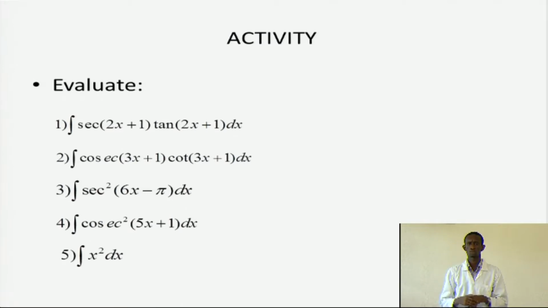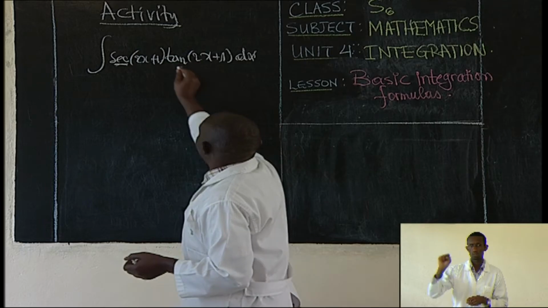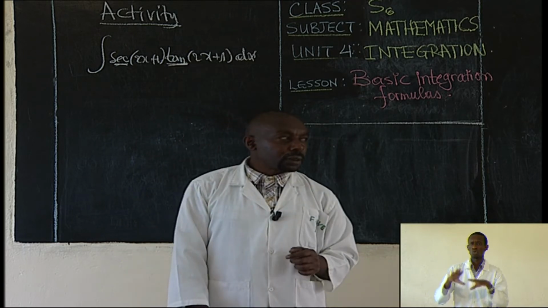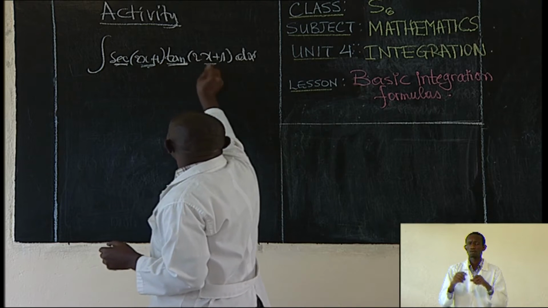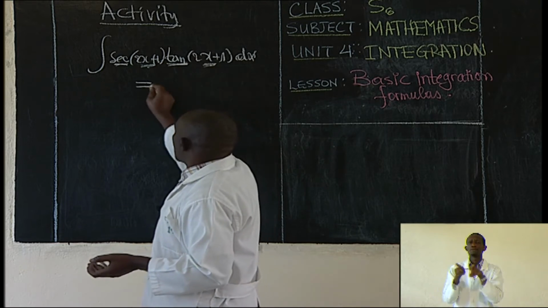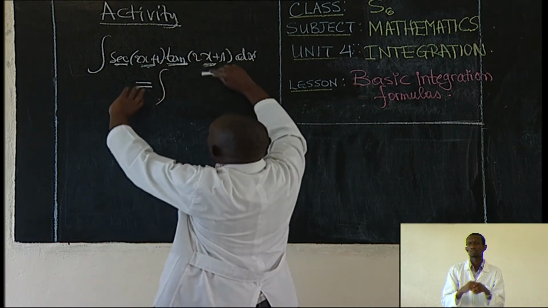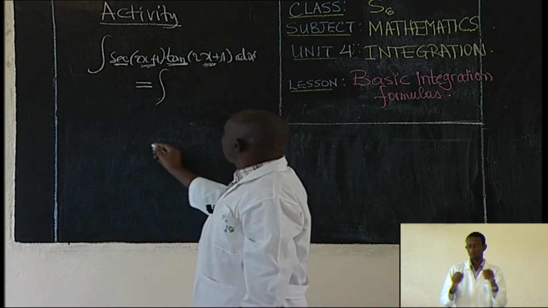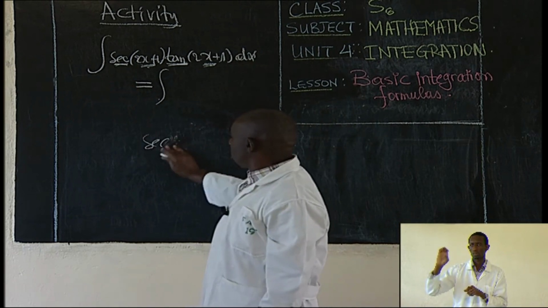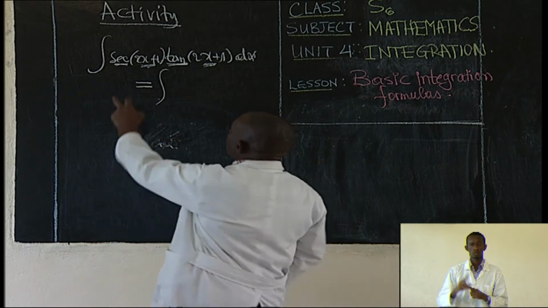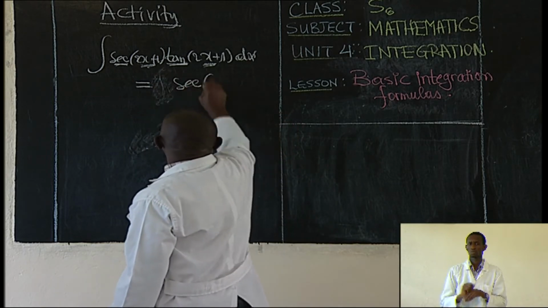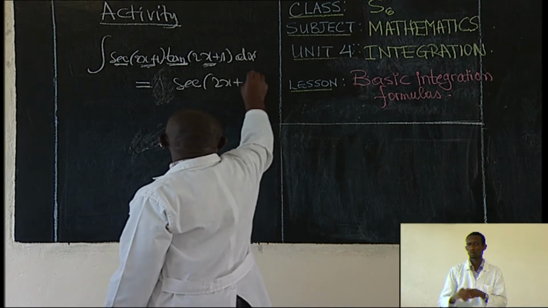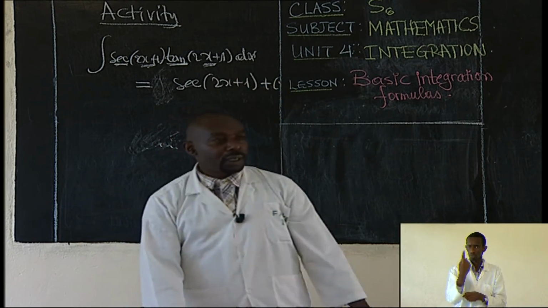When you see secant and tangent as a product, and the expression in the bracket is the same, immediately the answer is, this is the derivative of secant of x. So it means that the solution for this is secant of 2x plus 1, then plus c. We are done, right?